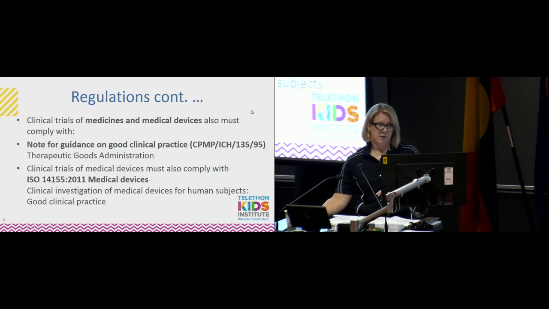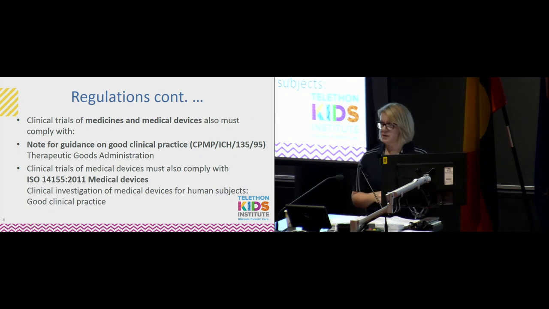Specifically for clinical trials, you also need to bear in mind the Note for Guidance on Good Clinical Practice that the Therapeutic Goods Administration has drafted. They have made some amendments to version 2 of the international standard, just to clarify what some things actually mean in Australia and how you would apply them. For clinical trials of medical devices, if anybody works on medical devices, there is an ISO, an international standard, which transfers good clinical practice into an international standard.